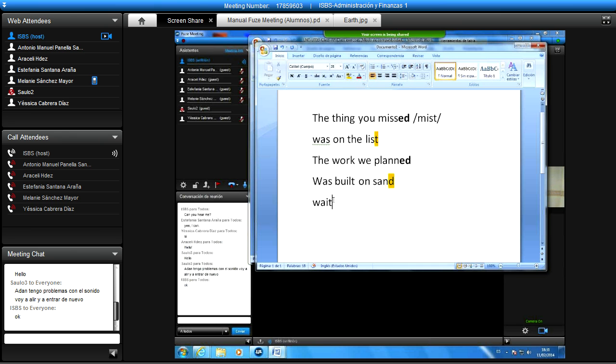And then, as I said before, if you have a T, so waited, plus one. Waited. That is an additional syllable. Or with D, needed. So again, plus one syllable.